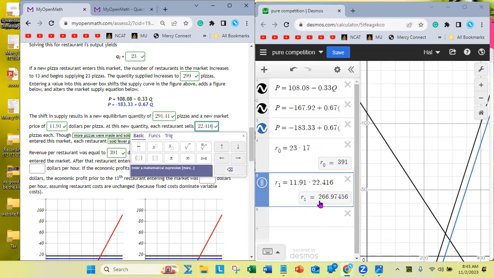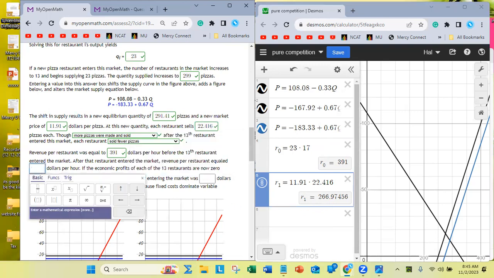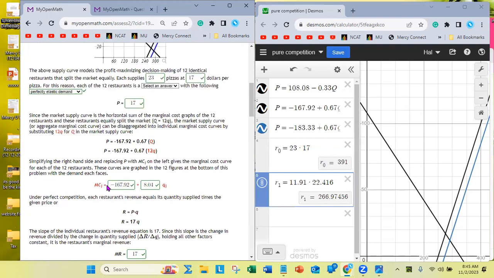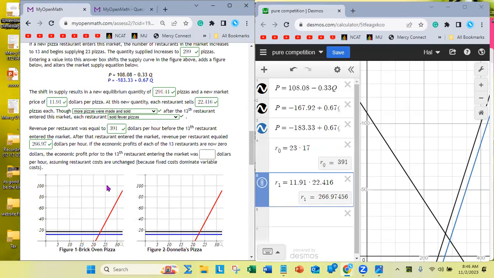So the revenue of each firm is lower, right? 266.97. So revenue fell. Why? Well, price came down. Each store is faced with a new lower price, and they're supplying less per store, right? Per restaurant.